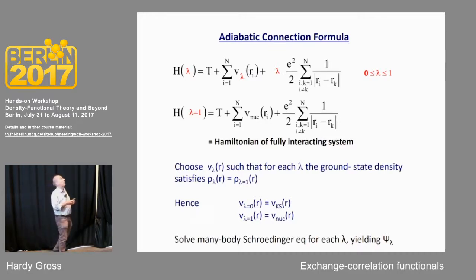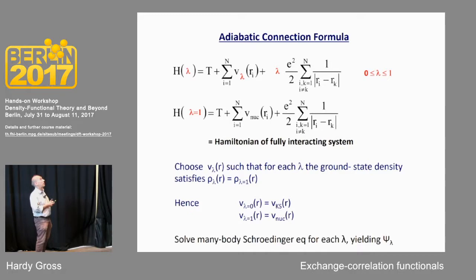But then you make your external potential also lambda dependent, and you do it in such a way that the lambda dependent density actually does not depend on lambda. So you choose your potential such that the density stays constant, namely equal to the true density of the interacting system.